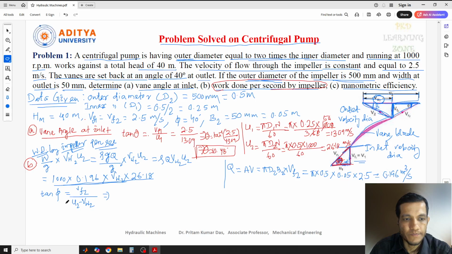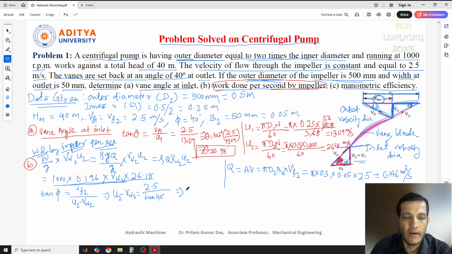Now tan phi value is given in the question. So I'll write U2 minus Vw2 equals Vf2, which is already given in the question as 2.5, divided by tan phi. Sorry, here I had taken it reversed, correct? So here I'll write the value of tan phi, which is tan 40 degrees.